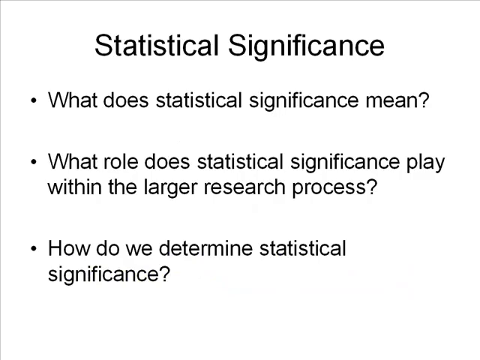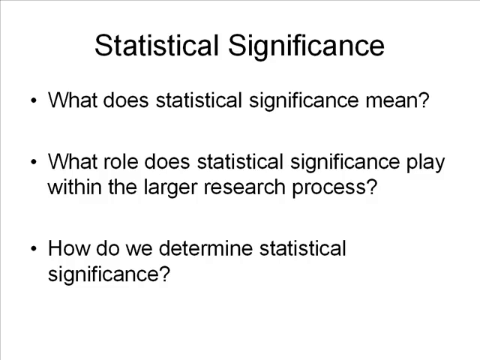To recap, we've looked at three questions. What does statistical significance mean? We saw that statistically significant simply means that the results were unlikely to have occurred by chance alone. What role does statistical significance play within the larger research process?